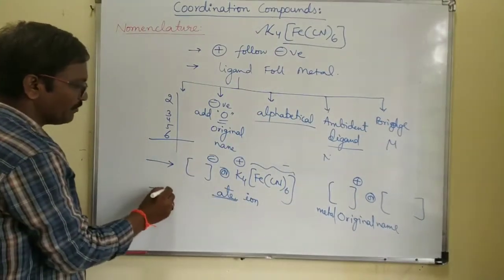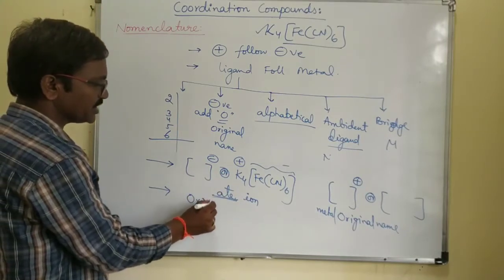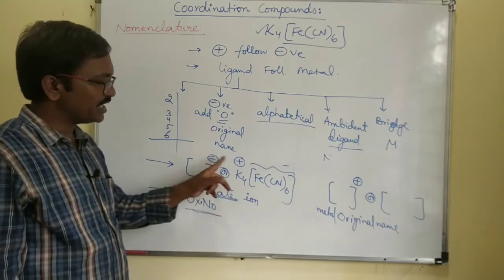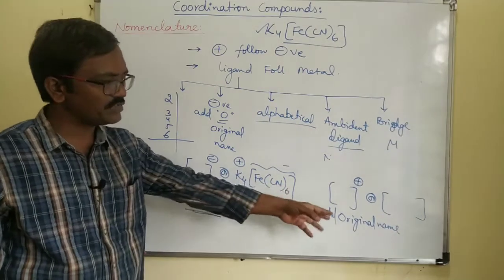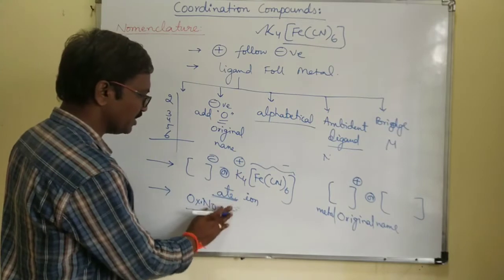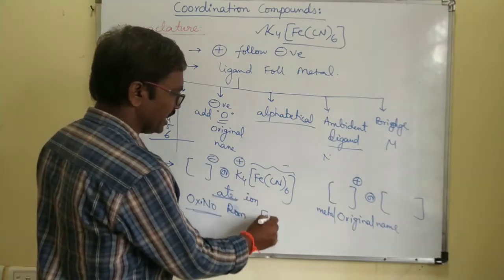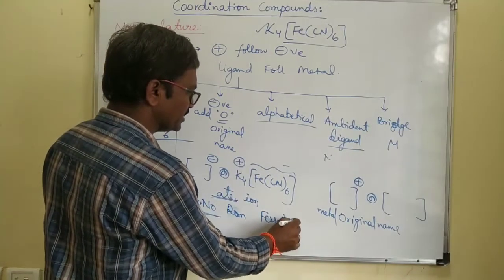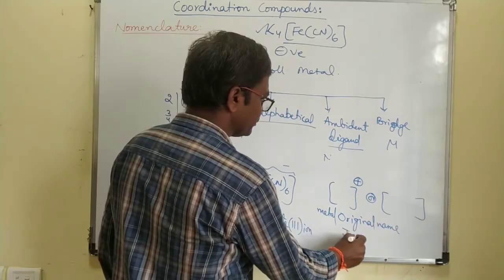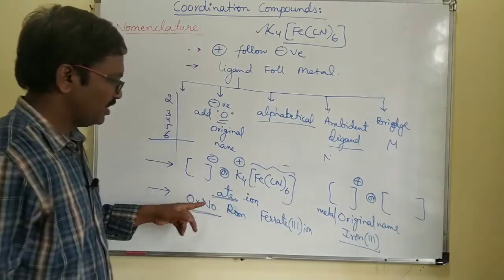After the metal atom, you have to write the oxidation number in Roman numerals in parentheses. For example, ferrate(III) ion.